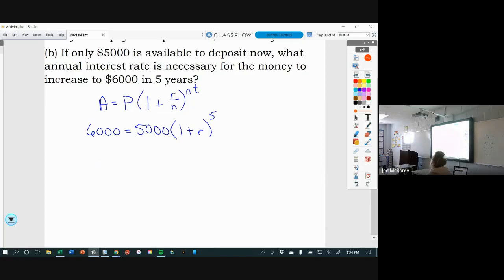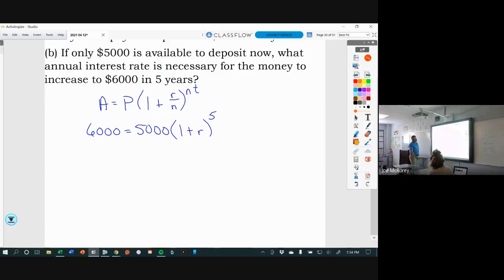I cannot distribute the 5,000 unless I want to do 1 plus R to the 5th power first, which would be 1 plus R times 1 plus R times 1 plus R times 1 plus R times 1 plus R. Does anybody want to expand that binomial to the 5th power? Yeah, I don't either. Could we divide by 5,000?